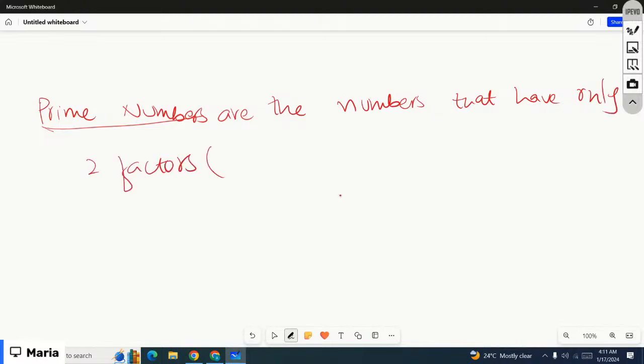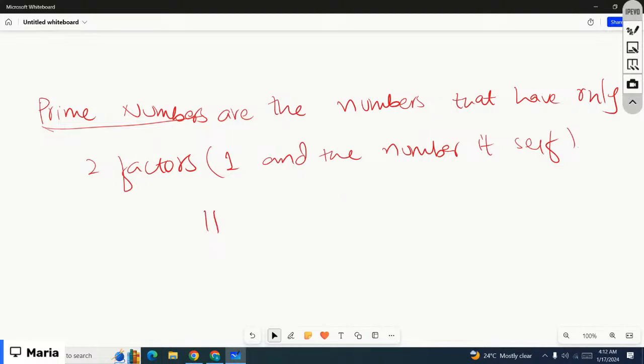Which two factors? 1 and the number itself. They can be divided only by 1 or the number itself. Or you can say they have only two factors, right?